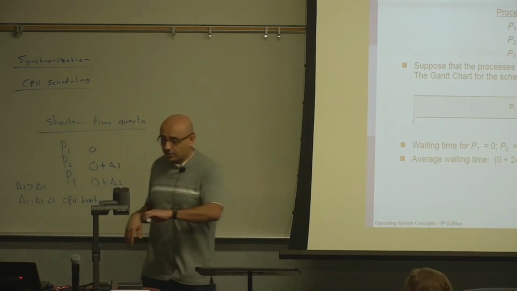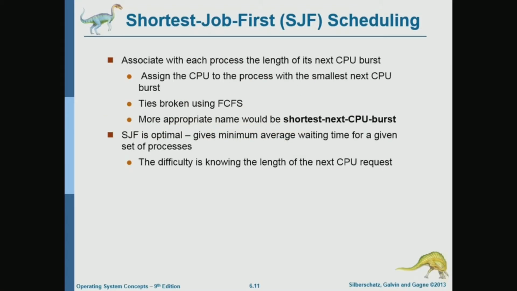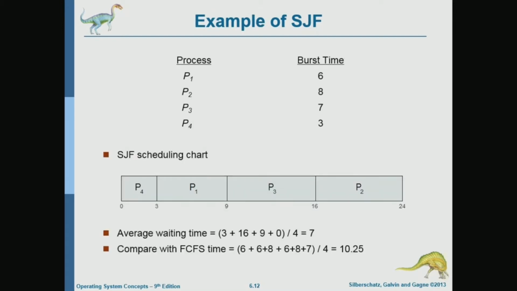So the next algorithm is shortest job first. Shortest job first is an algorithm that schedules the shortest job first. We have another example, with these processes and these CPU burst times.